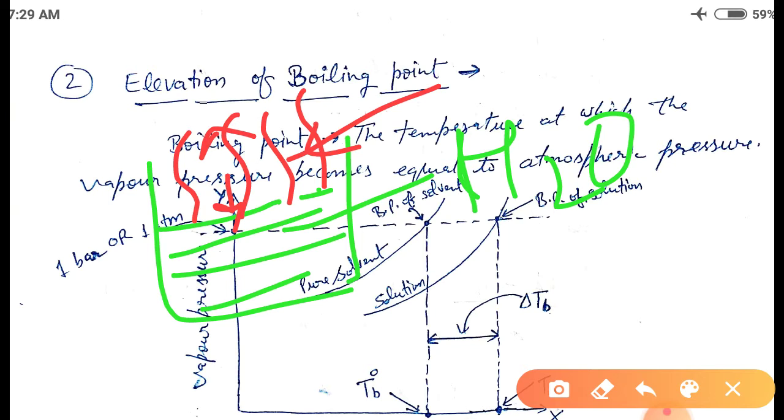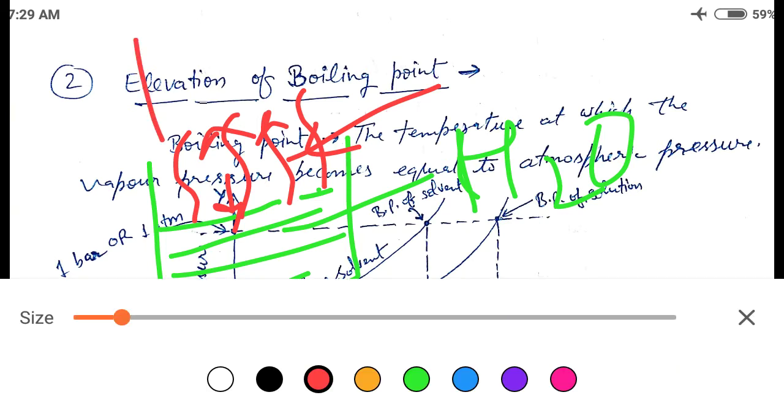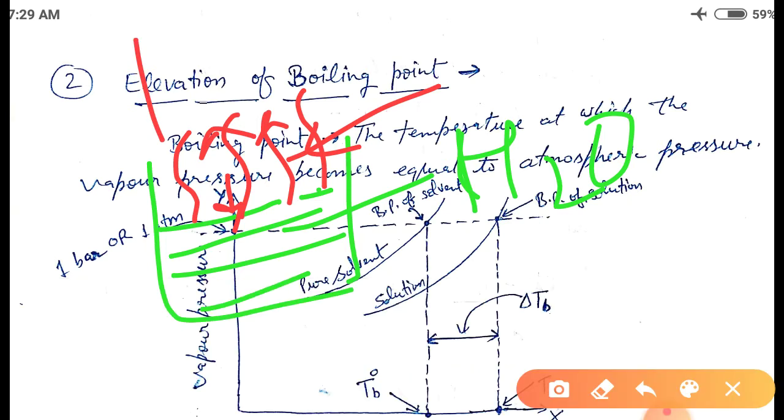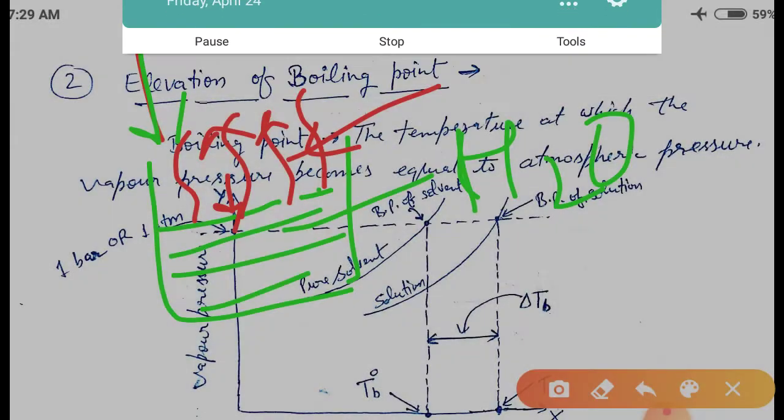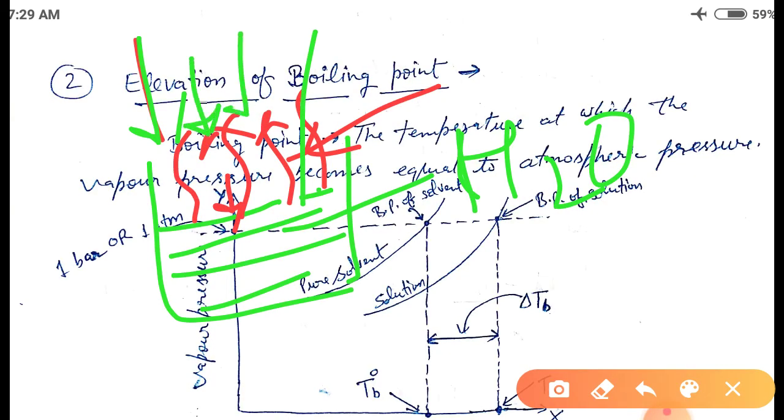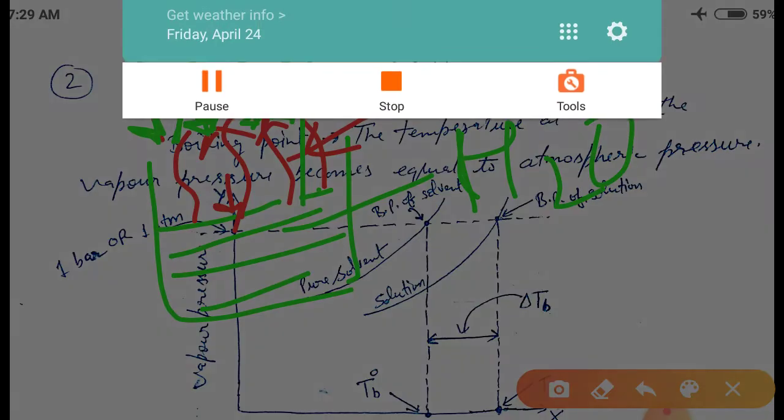That is the vapor pressure. When this vapor pressure becomes equal to the applied atmospheric pressure, the molecules of water remain in this beaker due to this applied atmospheric pressure.